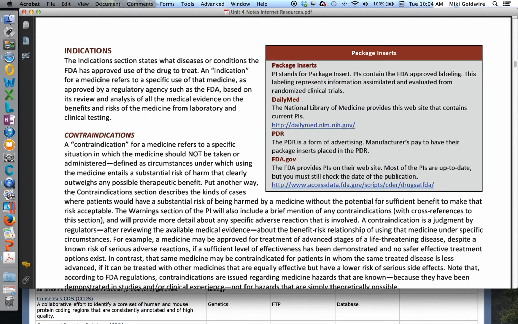One of the sections in the PI, you'll notice, is the indication, and this means the FDA-approved indication. Of course, physicians are allowed to prescribe medications how they see fit, so they are allowed to prescribe off-label, which means not according to the FDA-approved indication.